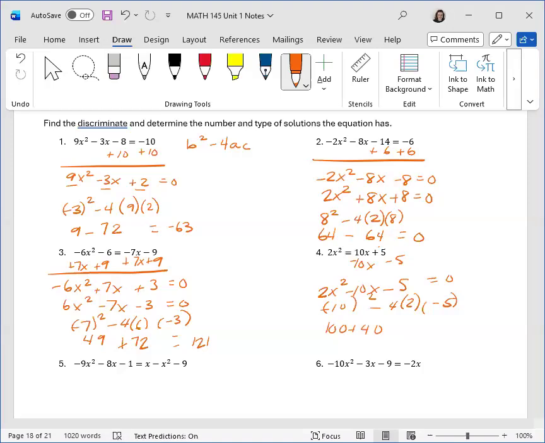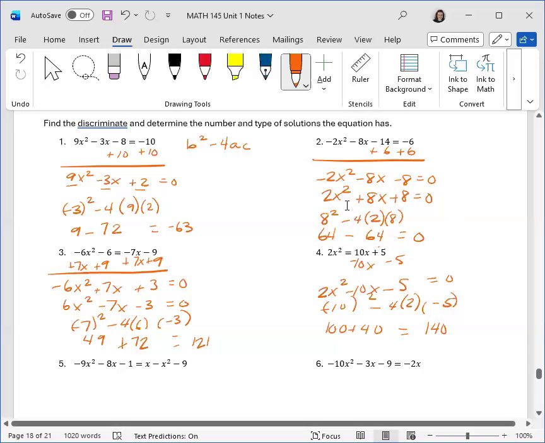So 100 plus 40 is going to give me 140 as the value of my discriminant. That's a positive answer. I'm going to get two real solutions. However, I cannot take the square root of 140. It's not a perfect square, so I am going to have irrational solutions there, ones that involve a square root symbol.